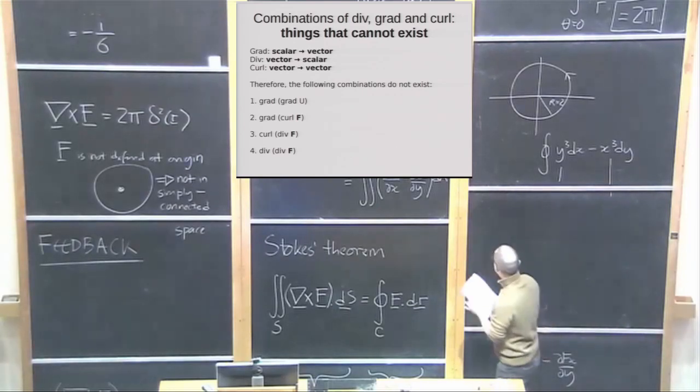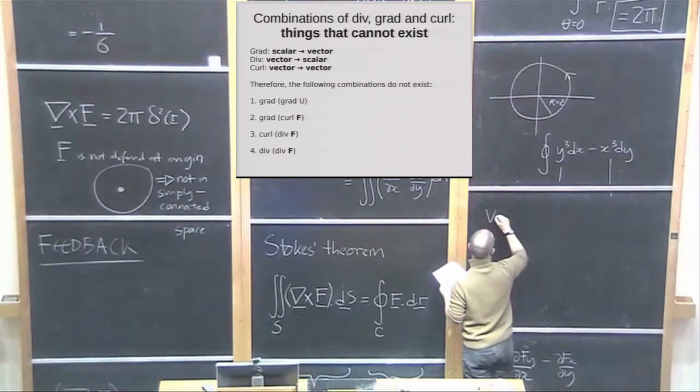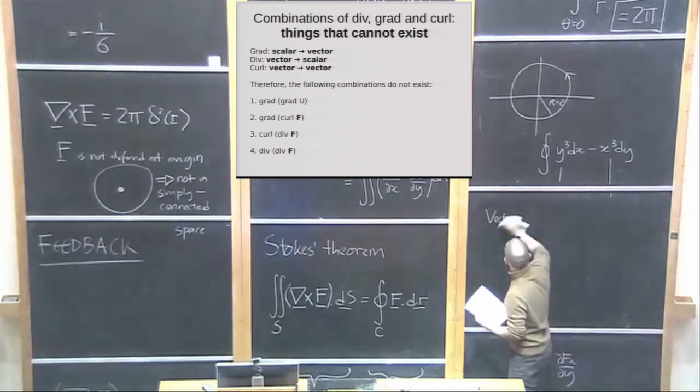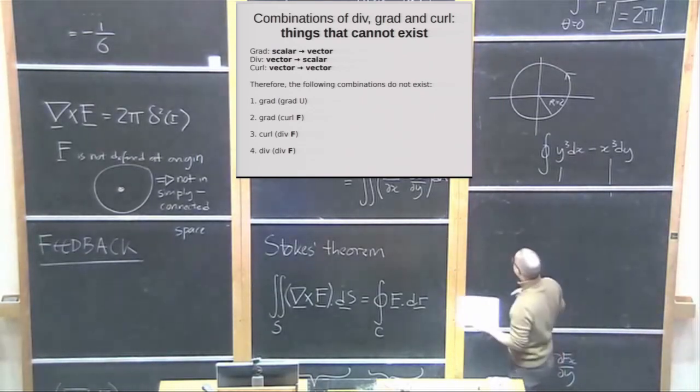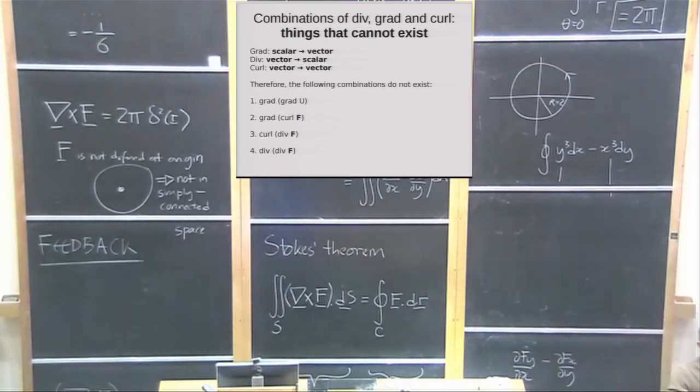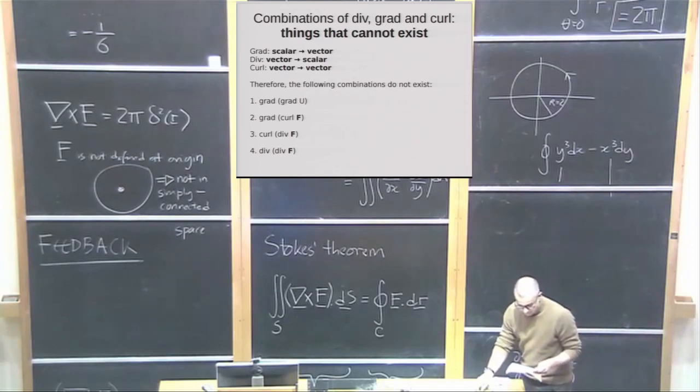So first off, you cannot have an operator which requires a vector field operating on a scalar field, and you cannot have an operator which requires a scalar field operating on a vector field.